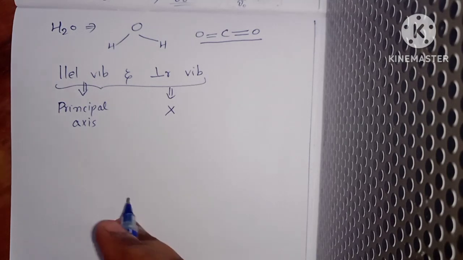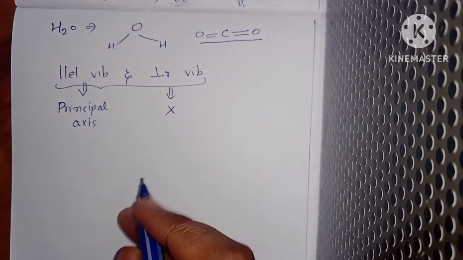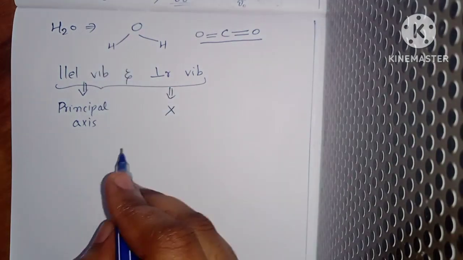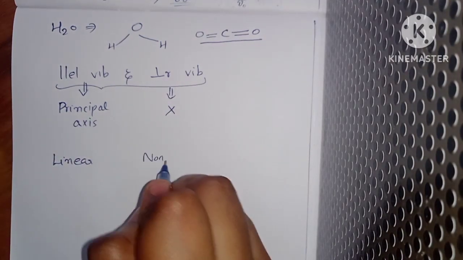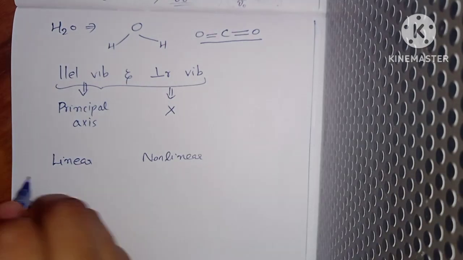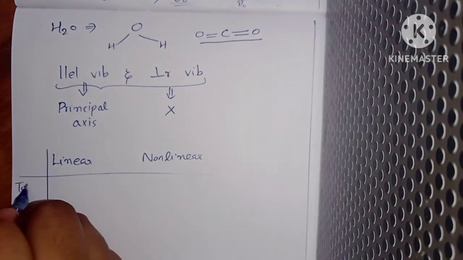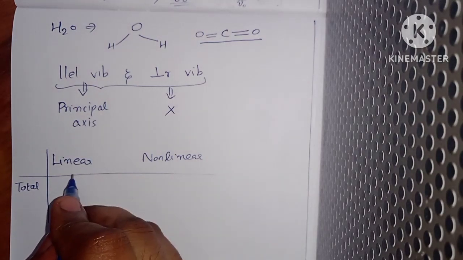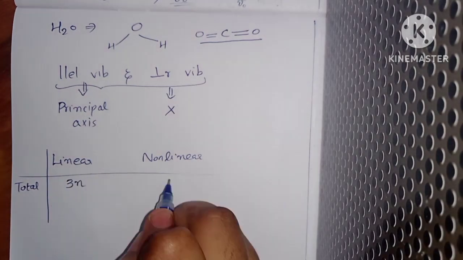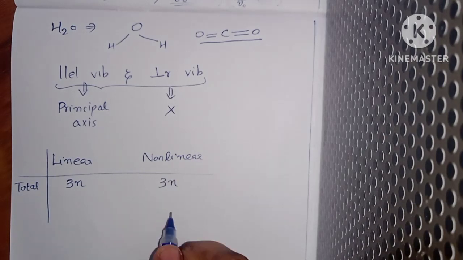So for a molecule, whether it is linear or non-linear, we have studied the total degrees of freedom, that means the total types of motion it can undergo. For a linear molecule it is 3n and for a non-linear molecule it is also 3n, where n is the number of atoms.